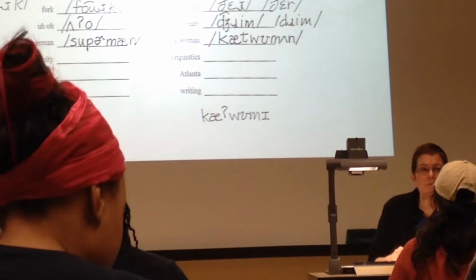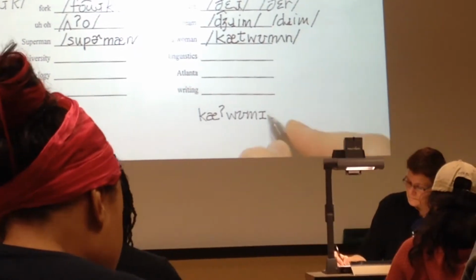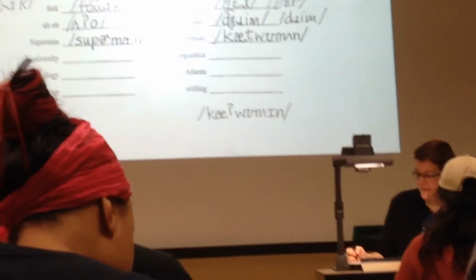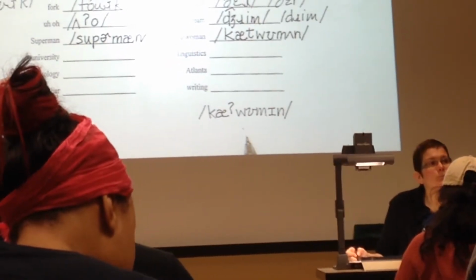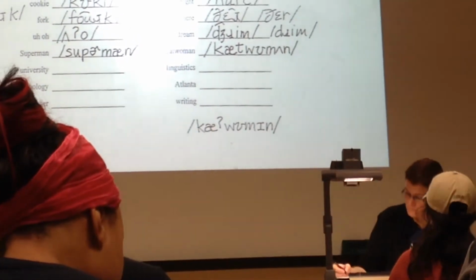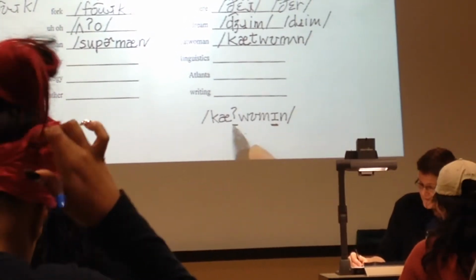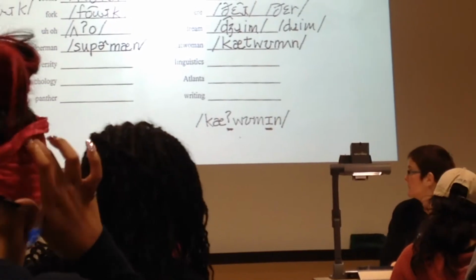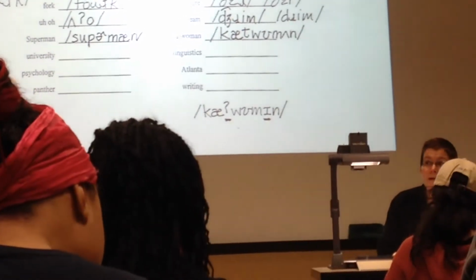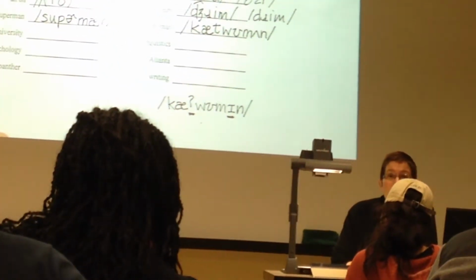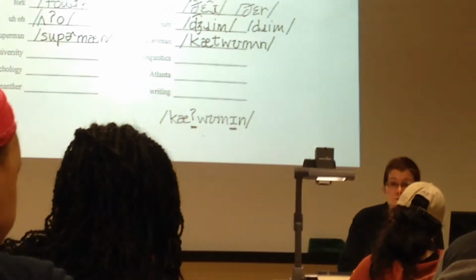Some people say it that way. So there are lots of different things you could get here, and that's okay. The point is that you're supposed to listen carefully to how you say it and transcribe what you say. As long as you write what you really say, it's right.